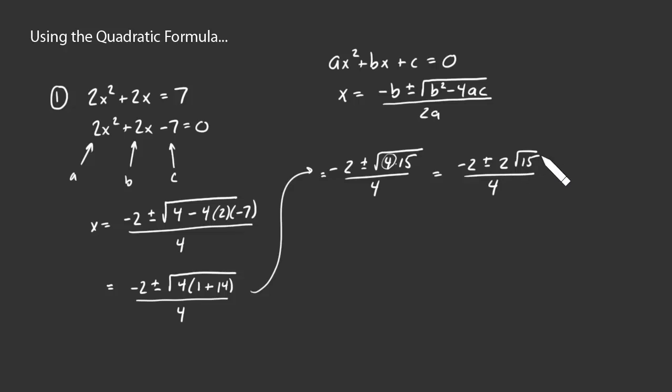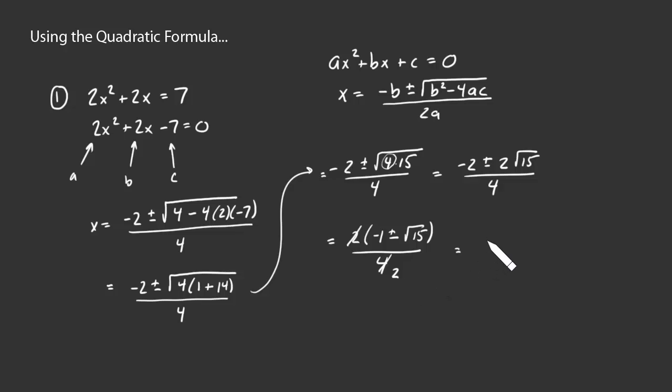Okay, so now in terms of this radical, that's been completely simplified. However, this whole fraction is still not completely simplified. Notice the factors of the denominator, that's 2 times 2, and we can pull out a factor of 2 in the numerator. All right, so this is going to be 2 times, let's see what's left, negative 1 plus or minus square root of 15, all of that over 4, and now we can cancel there.